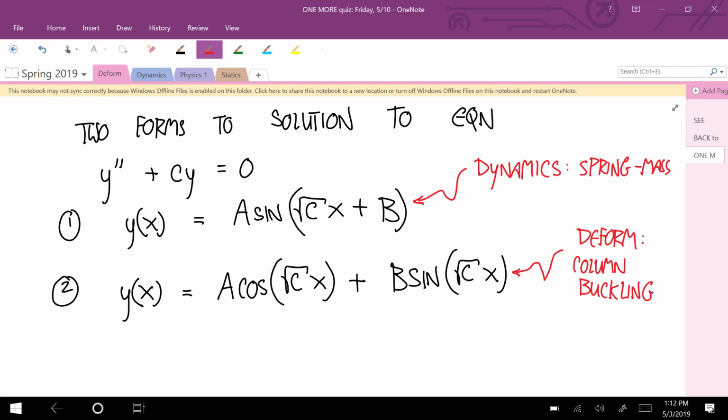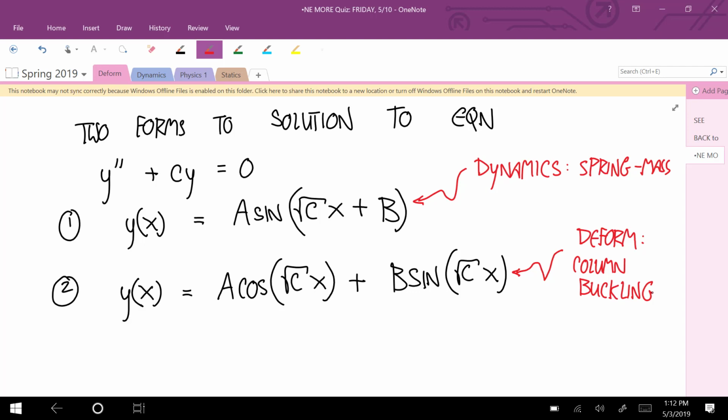And one thing to get ready for, notice as we go, is that when we do this in dynamics, like almost everything in dynamics, our independent variable is time. And so we're coming up with a function of time. So what we have is x of t is equal to A sine of square root of something times t plus this, okay?